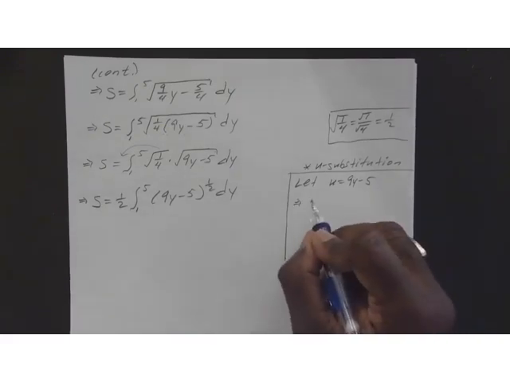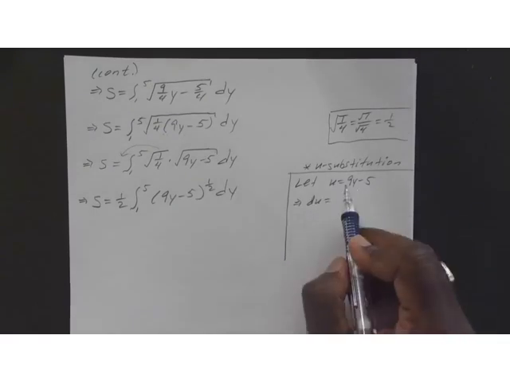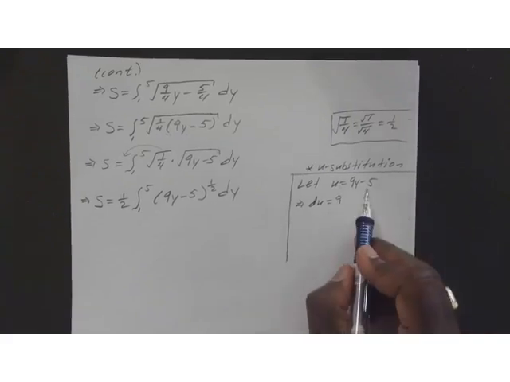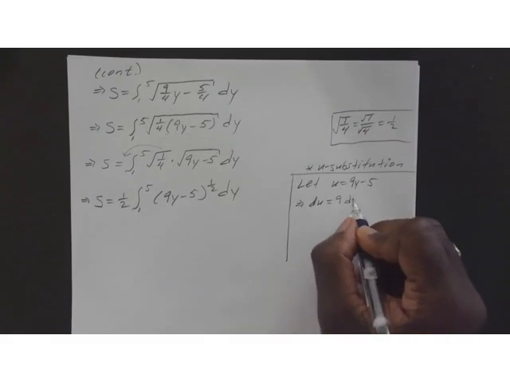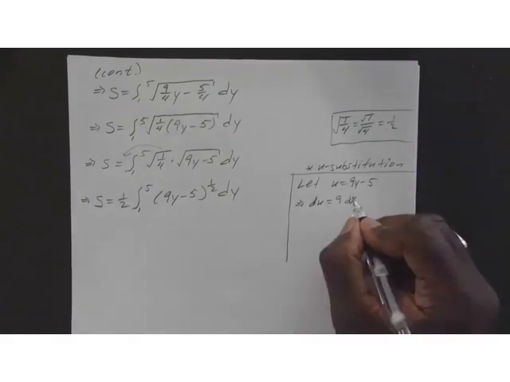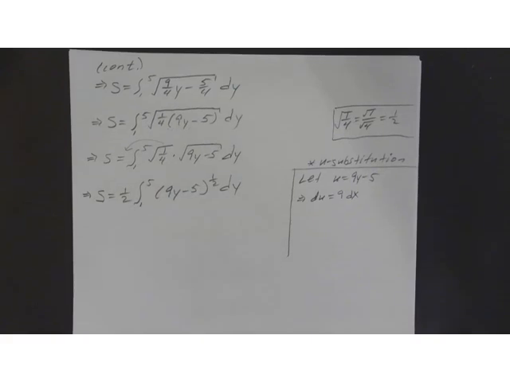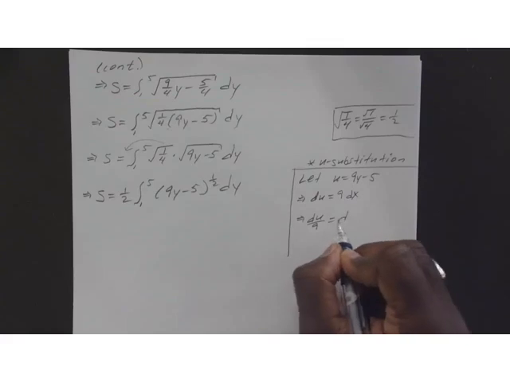That means we take the derivative of u and put it in differential form. Derivative of 9y is just 9. Derivative of negative 5 is 0, so that disappears. So it's 9 dy. If we divide both sides by 9, that means du divided by 9 is equal to dy.